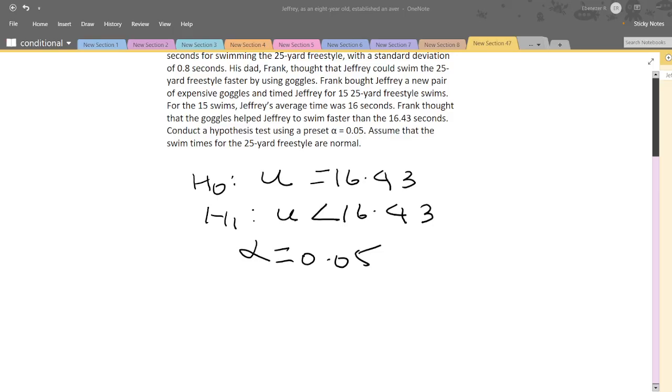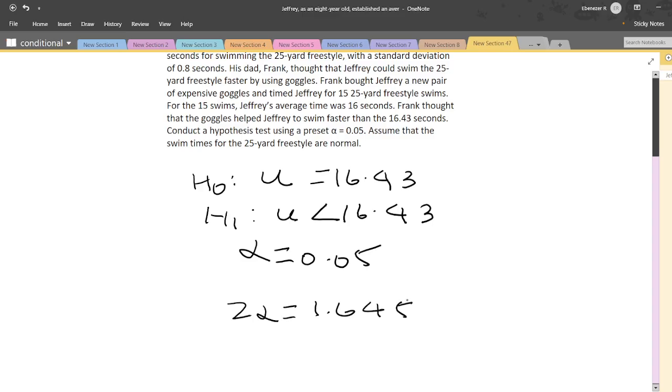Hence my Z alpha is equal to 1.645, right? As you can see, this is a left tail test. I'll come to that later.